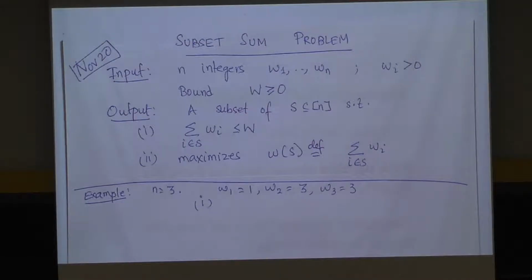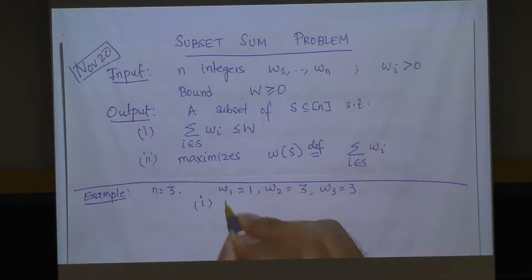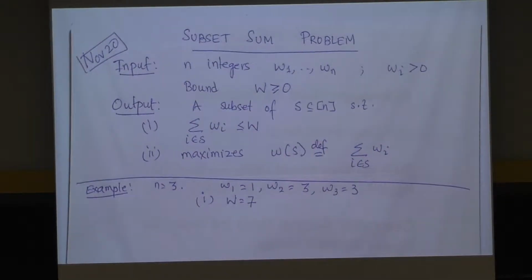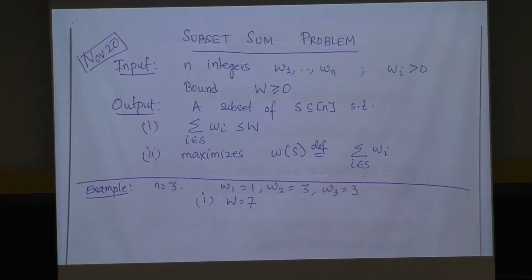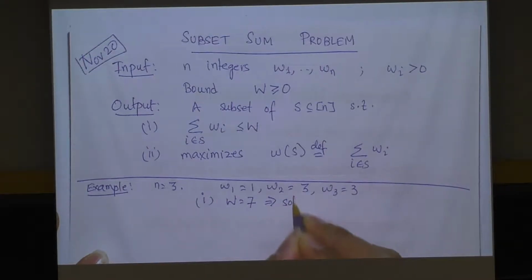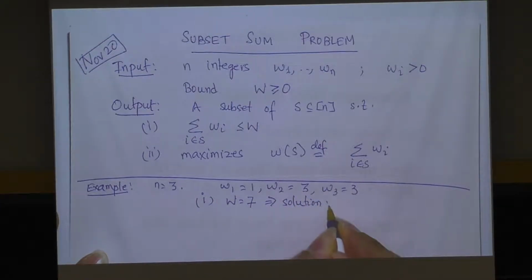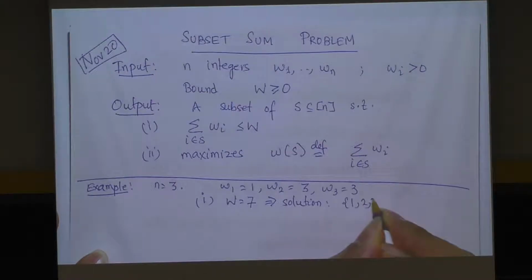And we'll consider 2 cases of this bound for capital W. If capital W is 7, then note that the sum of all the 3 values is less than or equal to 7, so it makes sense to just schedule all of them. So pick all of them. So in this case, the solution or the output should be 1, 2, 3.